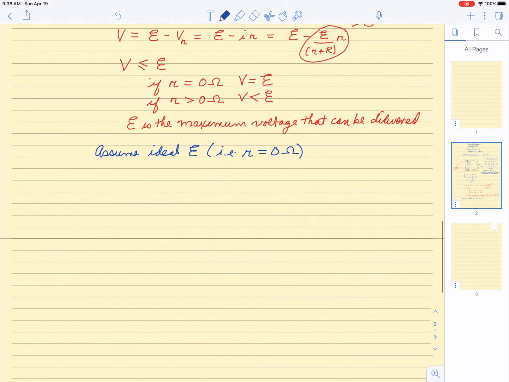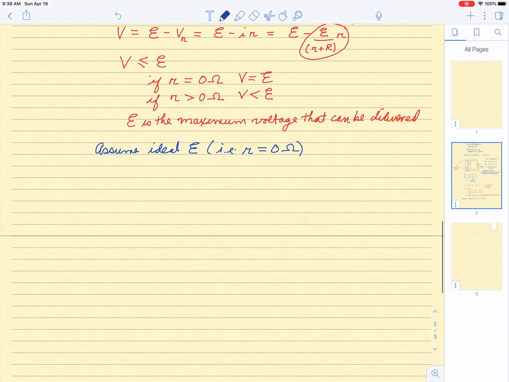Okay? So I'm going to come down to the next page here. If we look at the following circuit, here's an EMF. Here is one resistor, two resistors, and three resistors.